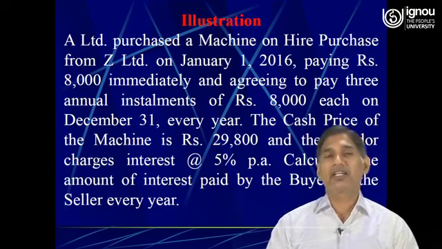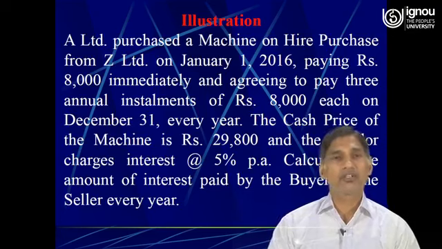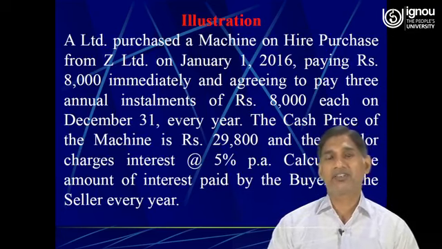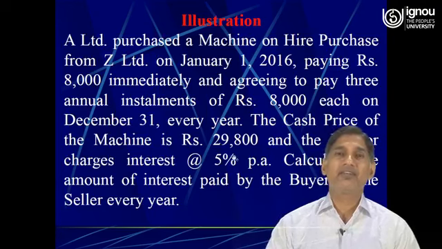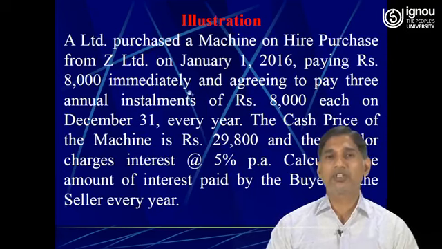within which we can calculate the amount of interest and the amount of cash price, and the amount of installment is already given in the question. So, this we can easily understand with the help of an example. A Limited purchased a machine on hire purchase system from Z Limited on January 1st, 2016, paying rupees 8,000 immediately.